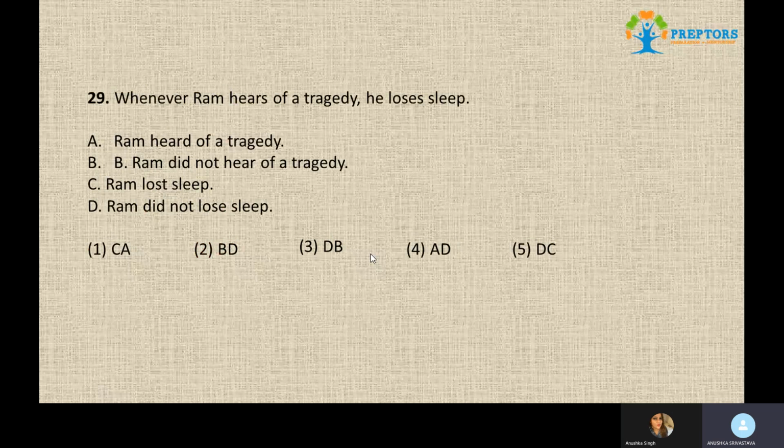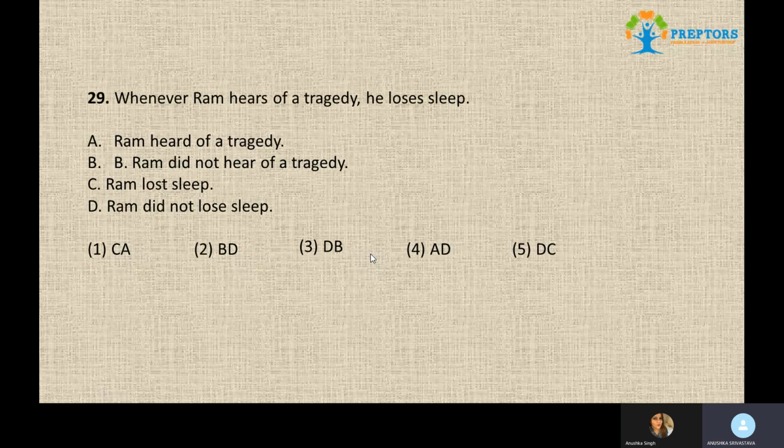Looking at the next question, this is a case of case 2. Case 2 is cause and effect. First things first, I need to identify what is the cause and what is the effect. So whenever Ram hears of a tragedy, he loses sleep. Hearing of a tragedy becomes the cause, losing sleep becomes the effect.